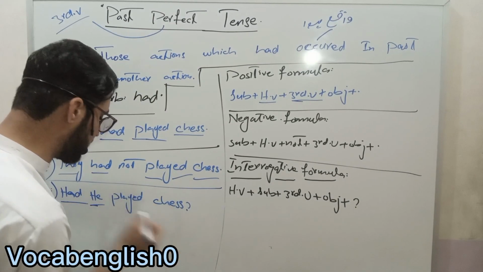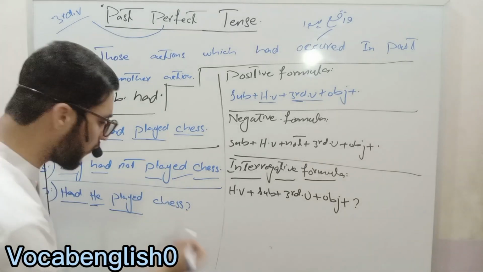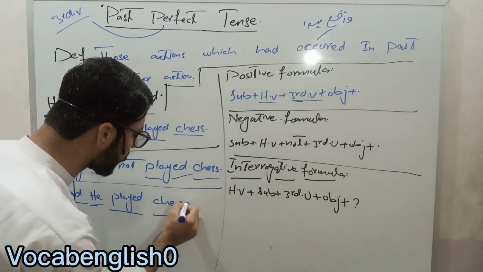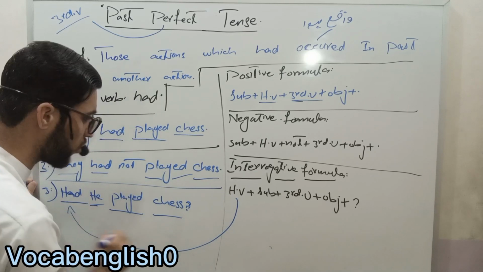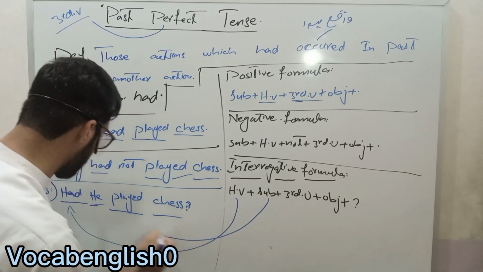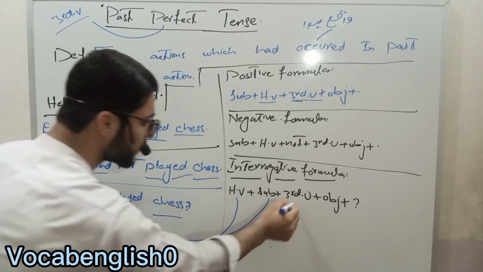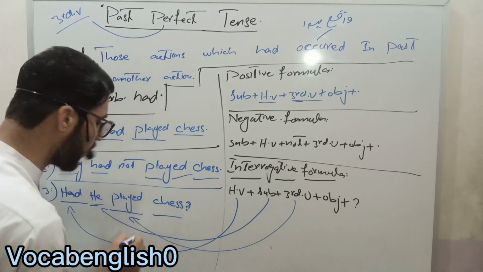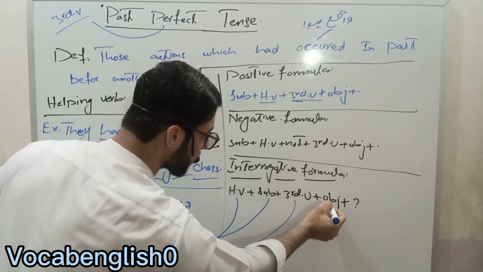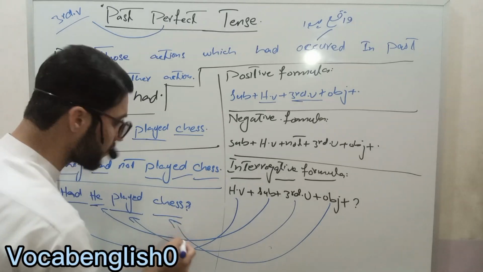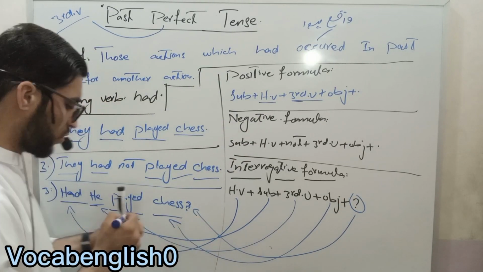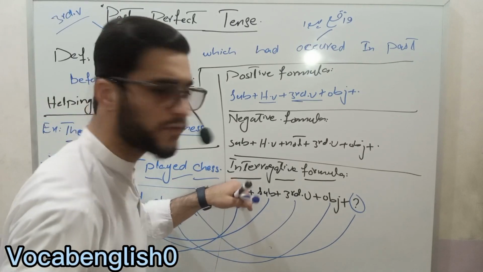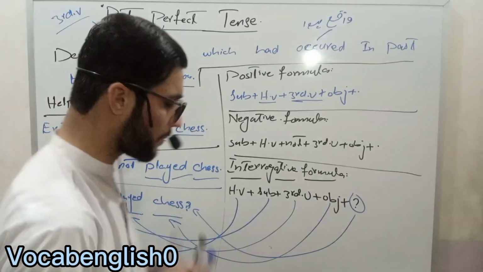He is our subject. Played is our third form verb. Then object is there. Then question mark. Now here is the same. I will give the arrows. Helping verb plus subject plus third form verb plus object plus question mark. So this is the interrogative formula and the interrogative example.